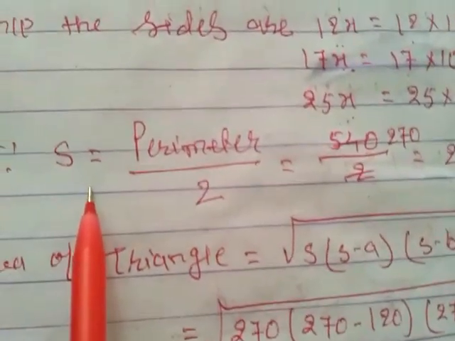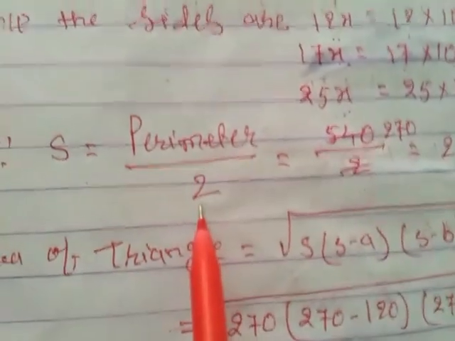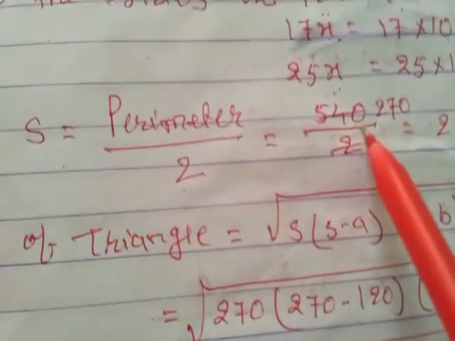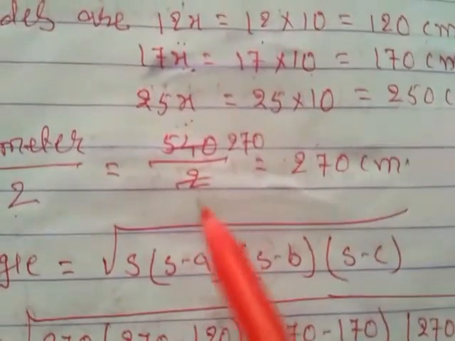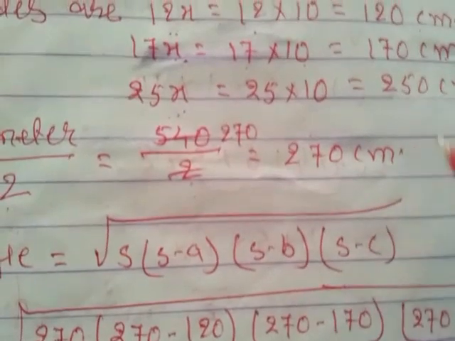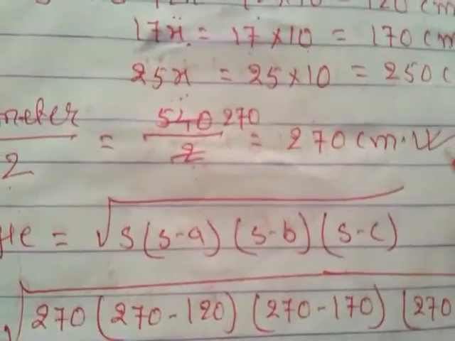On further solving it, we have 270 into 150 into 100 into 20. Now we are trying to make the pairs of the numbers lying within the square root.